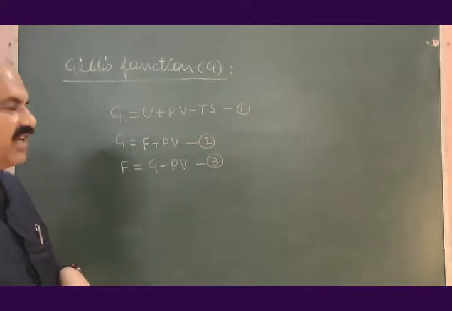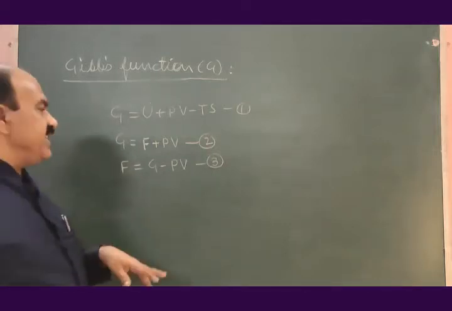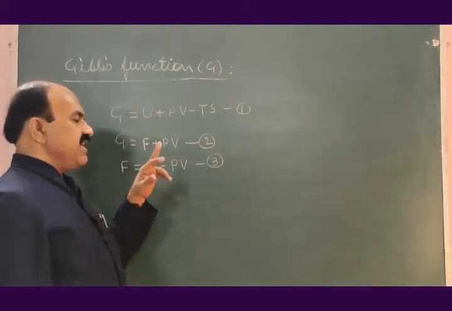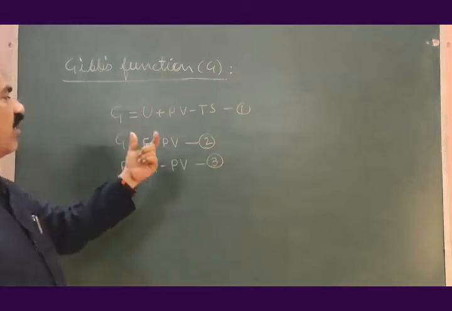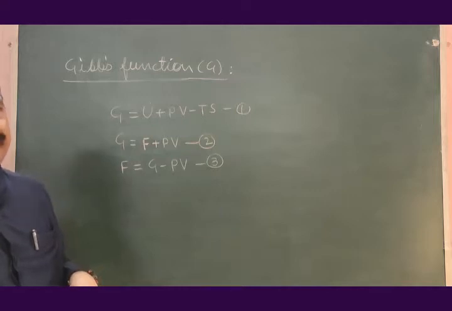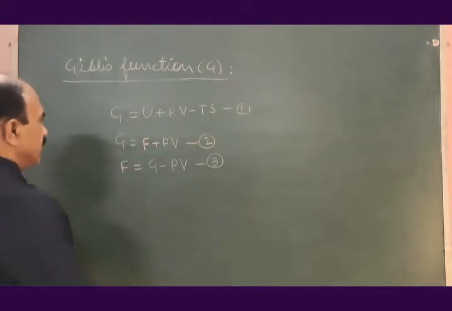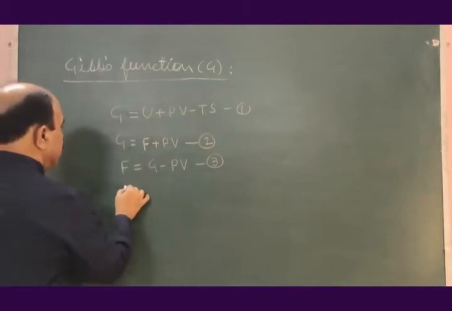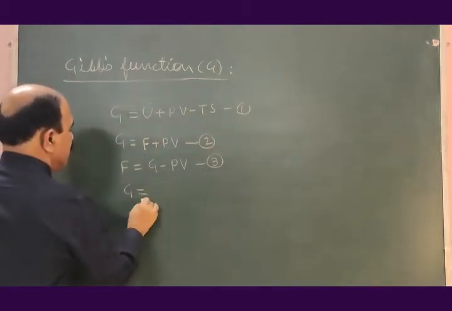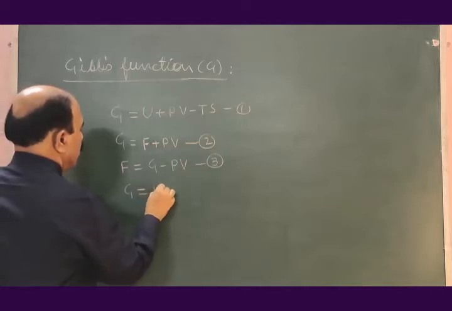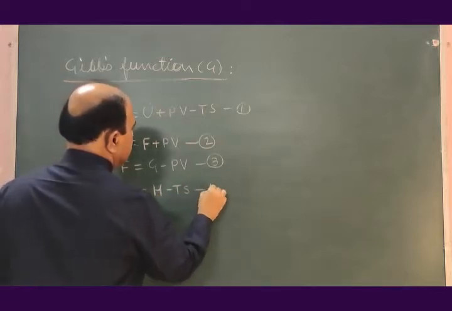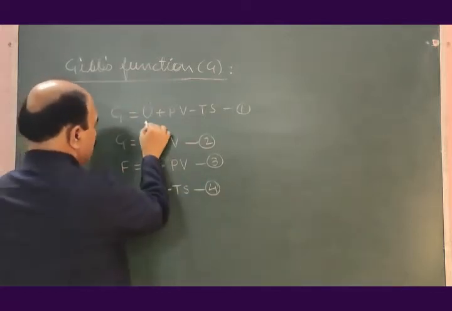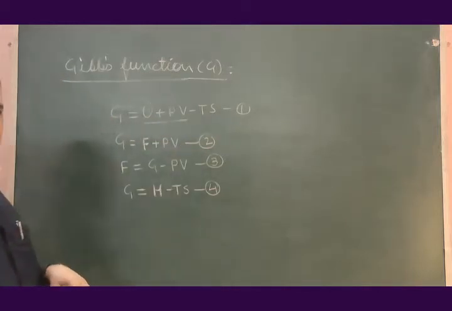Helmholtz function F may also be written as Gibbs free energy minus product of the pressure and volume of given system. Then I may write equation 1 further as G is equal to H minus Ts, equation 4. This is because U plus PV is H, the enthalpy of a thermodynamical system.